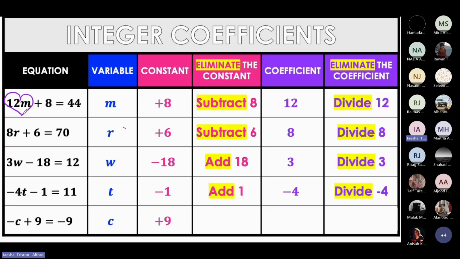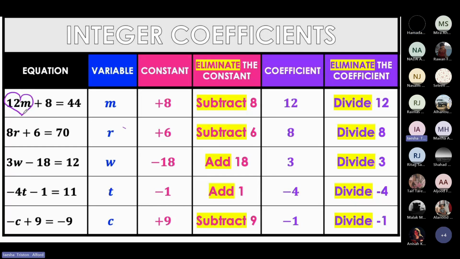We want to make it 0. How? Subtract 9. Coefficient: negative 1. We want to make it positive 1. Divide by negative 1.